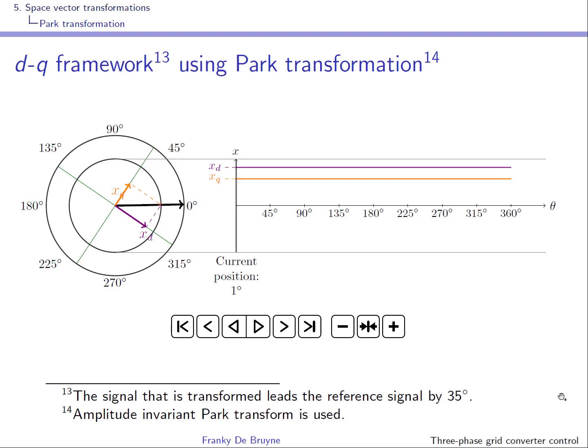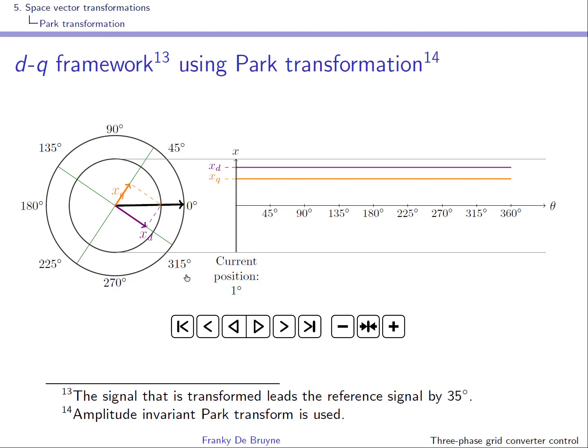The Park transformation transforms the signals in the alpha beta framework to the so-called DQ framework. This is done by using a reference frame with a D axis and a perpendicular Q axis, and this reference frame is rotating at the same speed as the rotating vector.